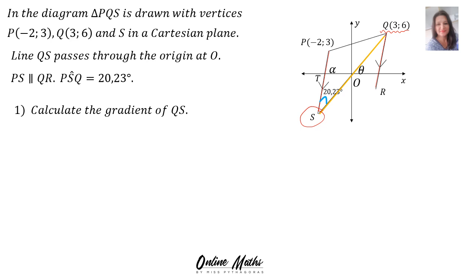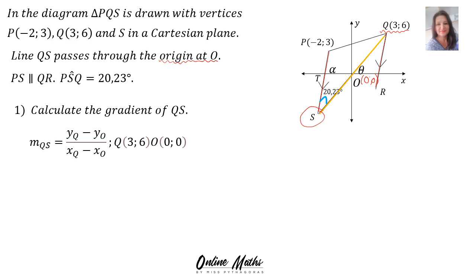But there is some hidden information in the words where they tell us that line QS passes through the origin at O, and we know that O, the origin's coordinates, are (0; 0). So indeed we have two coordinates living on QS, therefore we can calculate the gradient with the gradient formula.